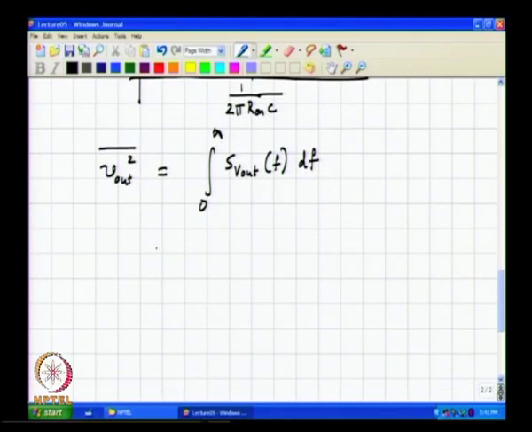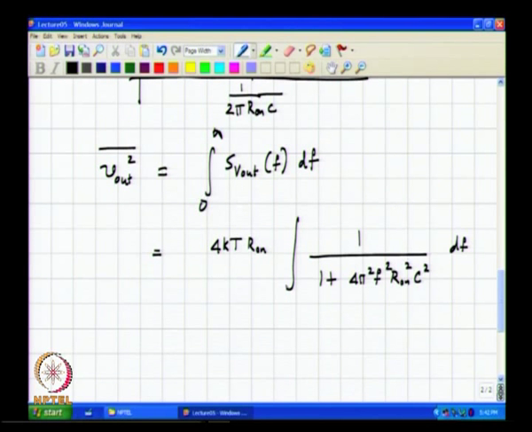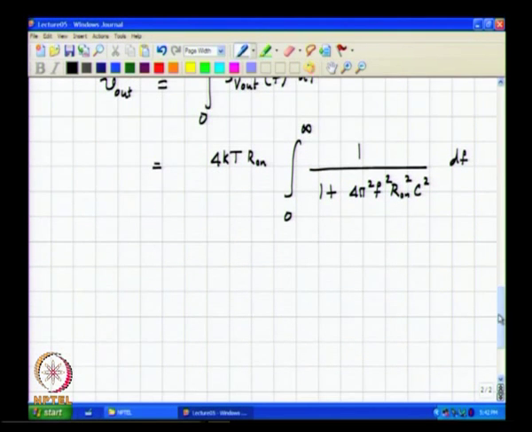Now, what is the power spectral density? It is nothing but 4kTR_on, which is the input power spectral density, times 1 by 1 plus 4 pi square f square R_on square C square, df, from 0 to infinity. And we use a change of variable.